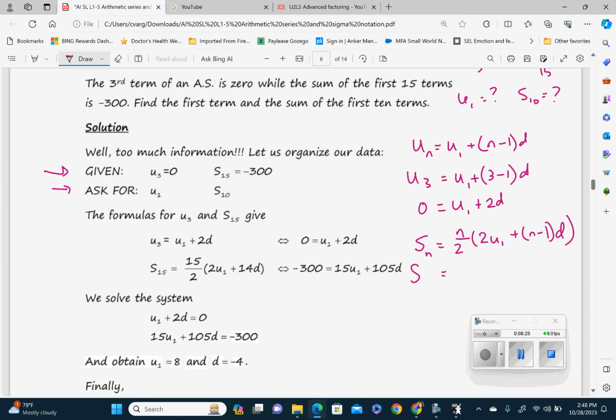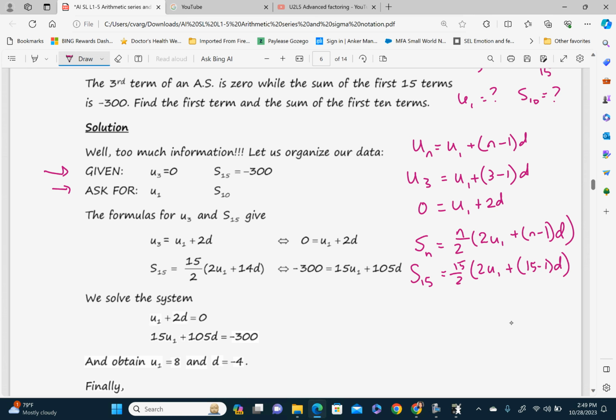And now let's go ahead and do some plugging in. So we are told that S15 is equal to 15 over 2, and then parentheses, 2 times U1, we don't know what U1 is, so we're going to leave that there, plus 15 minus 1 times d, as we are looking for the common difference as well. So we can go ahead and simplify this.